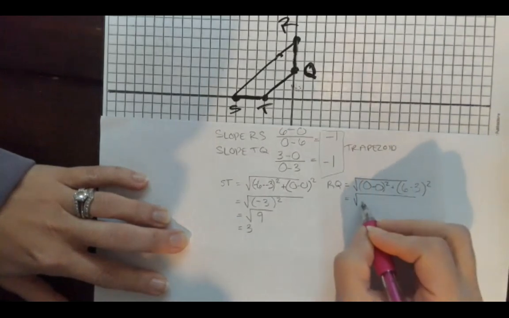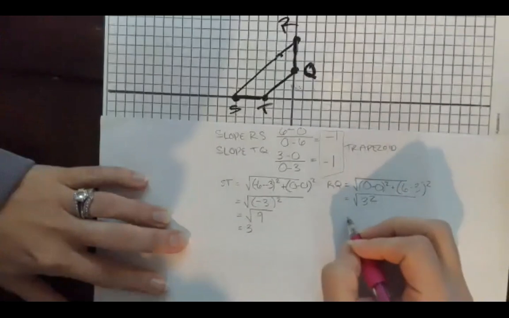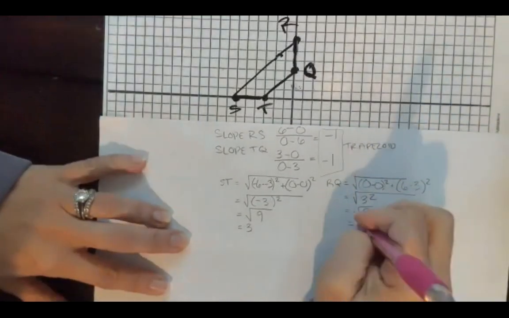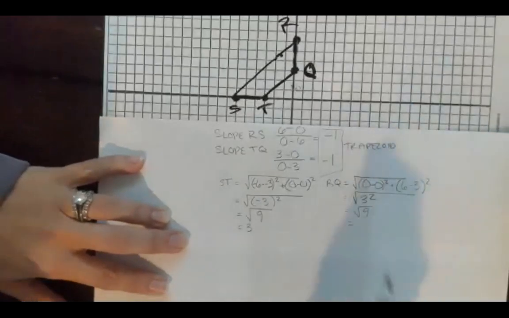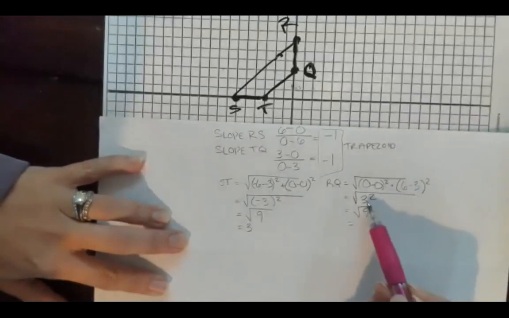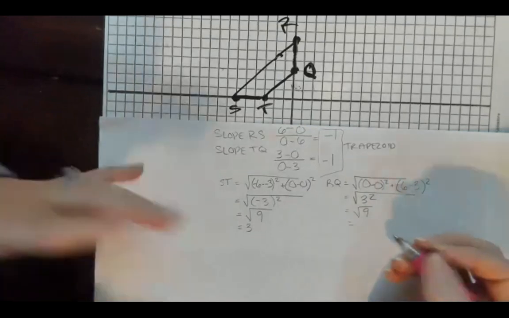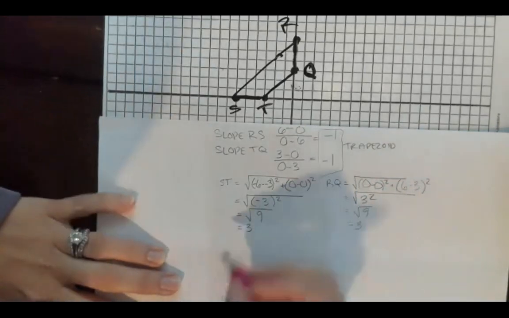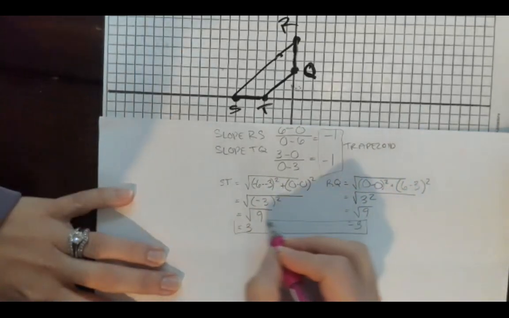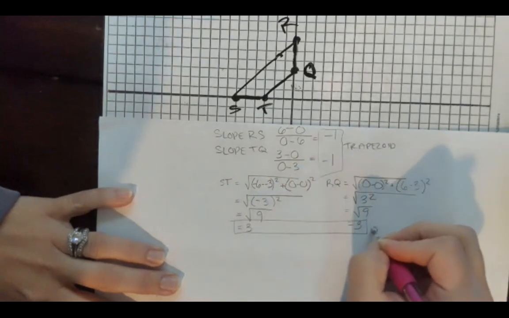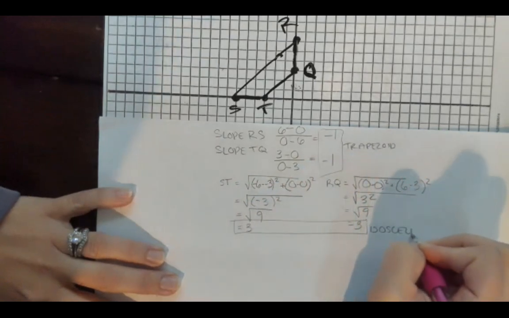So here we have the square root of 3 squared, which is square root of 9, which is 3. You don't even have to write the square root of 9 because if you square a square root, it just drops. Okay, so here, this shows that they are isosceles.